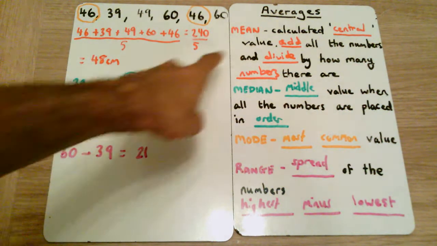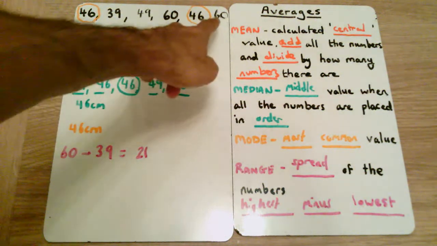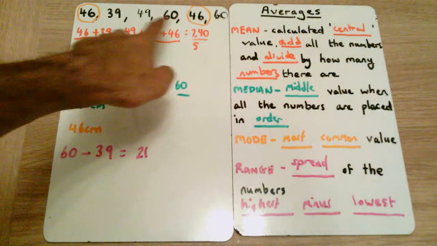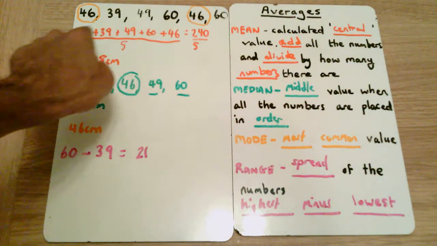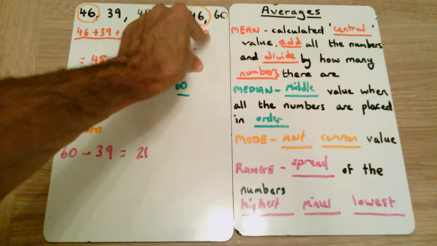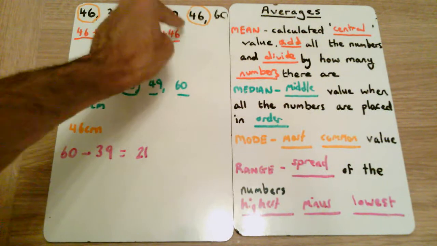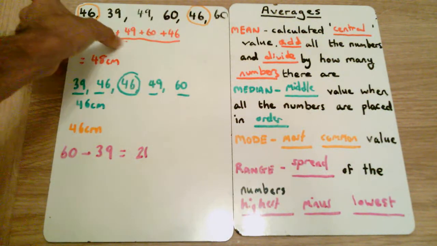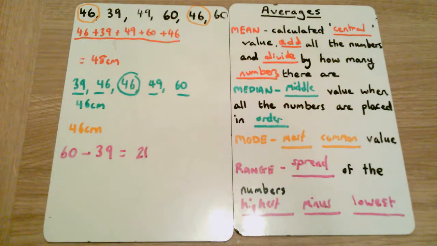Well, first of all, the mean is going to change because we've now added another value. So it's no longer going to be 46, 39, 49, 60, and 46. We're now going to add an additional 60 centimeters, and we no longer have 5 plants, we now have 6.